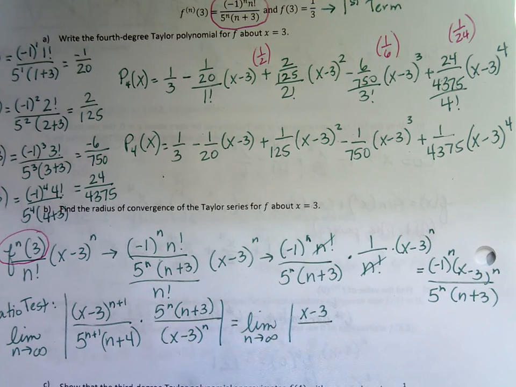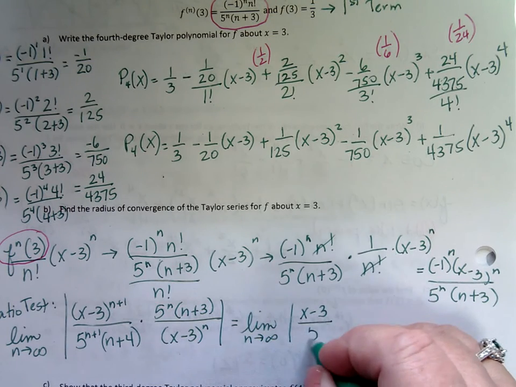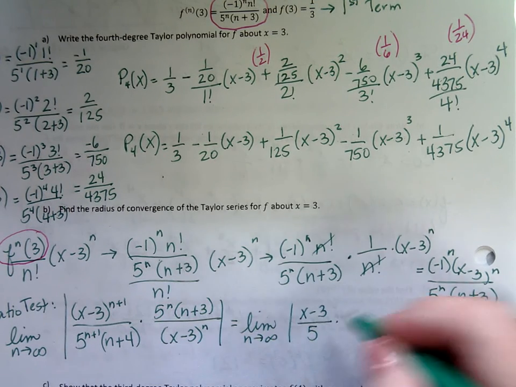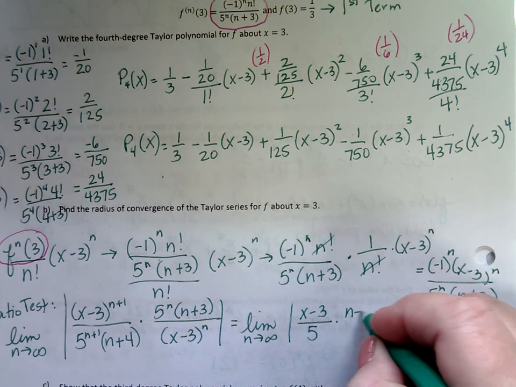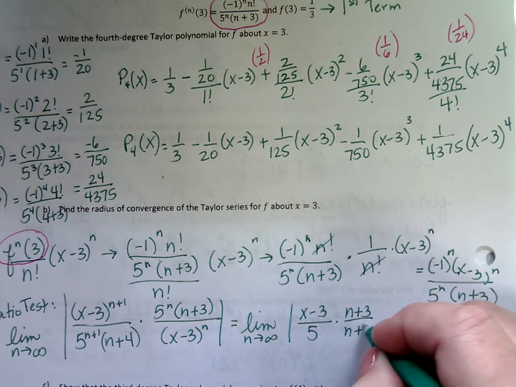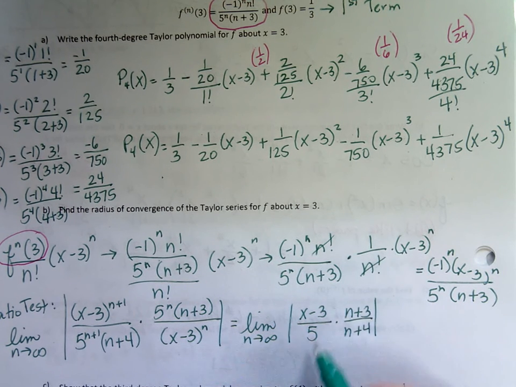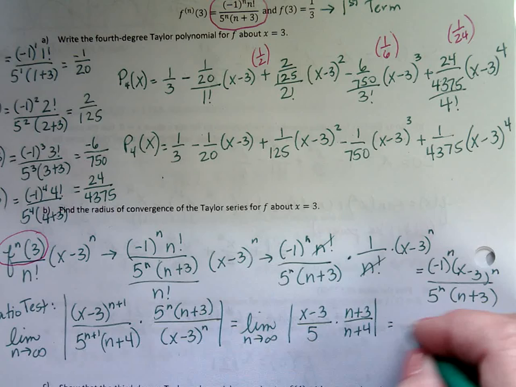For the 5's, I have a bigger 5 on the bottom, left with a 5 there. And then technically I have an n plus 3 over an n plus 4. But when you let n go to infinity, it gets canceled and becomes a 1. So I'm left with an answer of the absolute value of x minus 3 over 5.